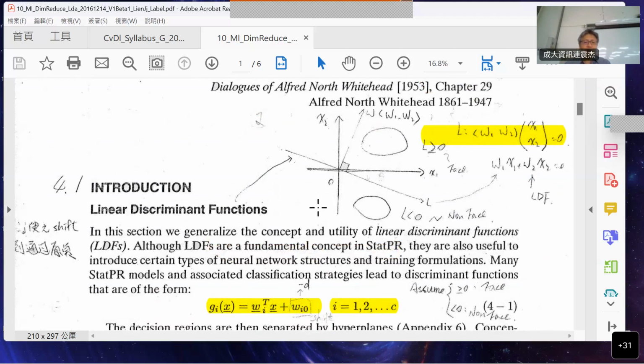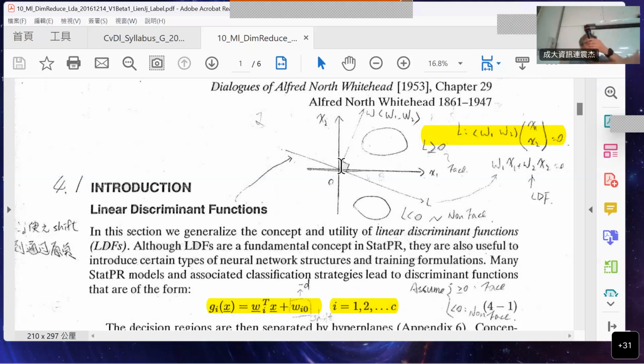Okay, so suppose 0, 0 is here, this line is here, and this is W, and this is L. If the constant term is 0, that means this line passes through the origin, 穿过原点. If it is not 0, call it B, that means this line will shift along W, the normal direction.